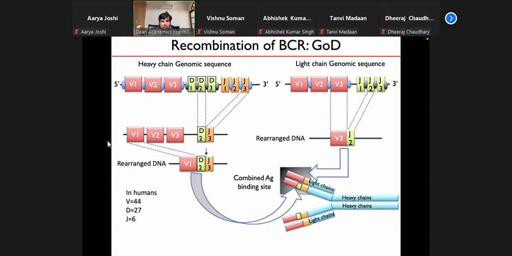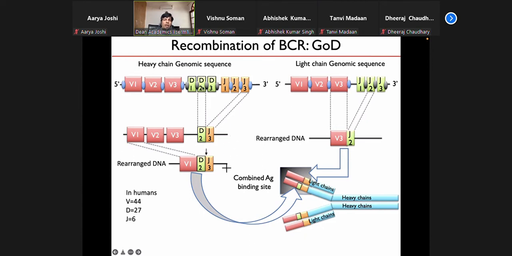All those things are still present in the chromosome, right? But the interspersed sequences are looped out, and these have different roles to play during the differentiation process in these cells.